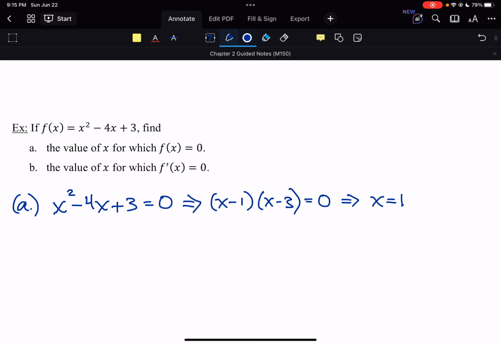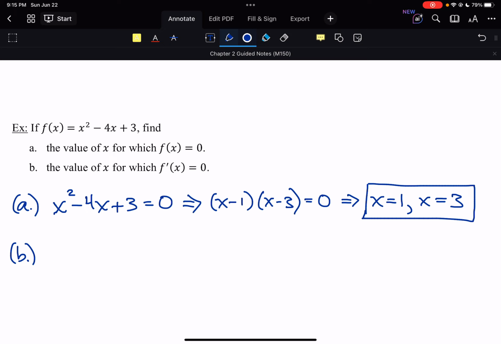And so that gives us the two cases. X is 1 and x is 3. So those are the two values where the function is equal to 0, right? We would also call those its x-intercepts or its roots.